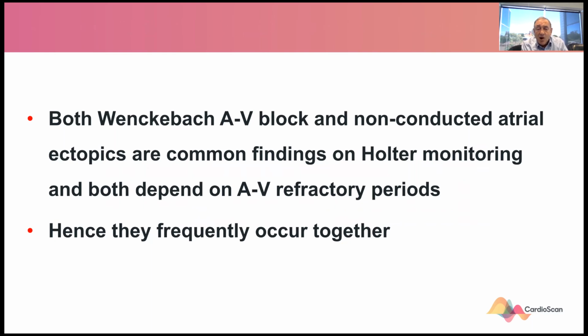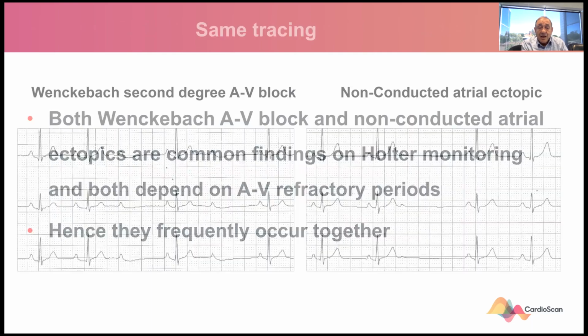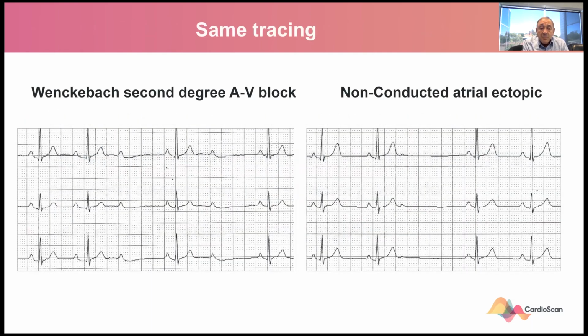So it is not surprising that they can occur together. Here is the same tracing and only a short period between them. On the left is a clear-cut Wenckebach second-degree AV block, whereas on the right, it's a non-conducted atrial ectopic.